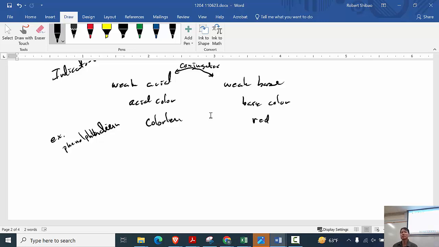They make a buffer system. They don't have to be a buffer to start with. Let's say we start off with just pure acid. If we start off with a pure acid, it's not a buffer. But when we start adding our titrant, the sodium hydroxide, not only is it neutralizing the acid that we put in there, it's also neutralizing the indicator. This is why I say don't use too much indicator.